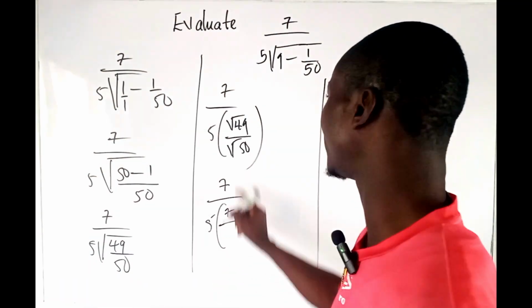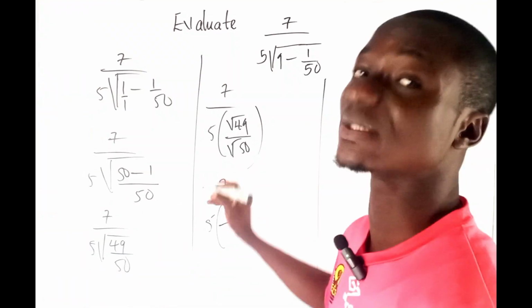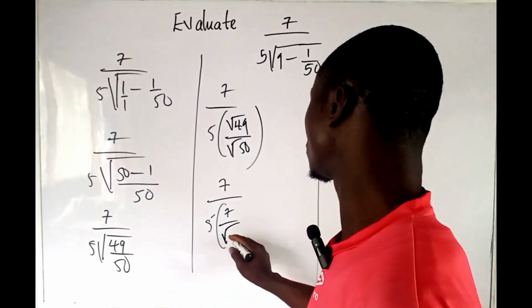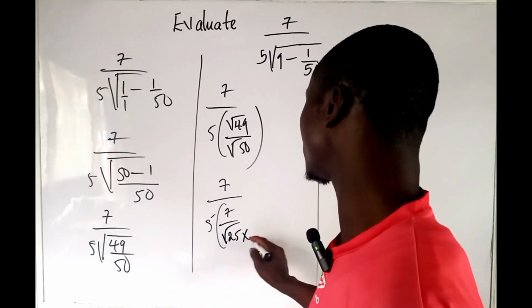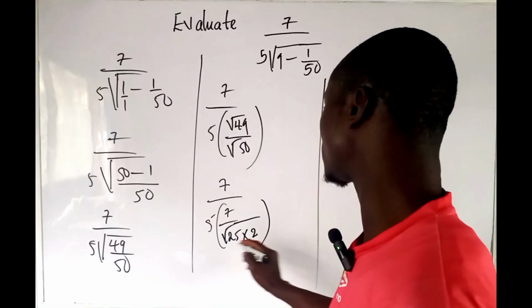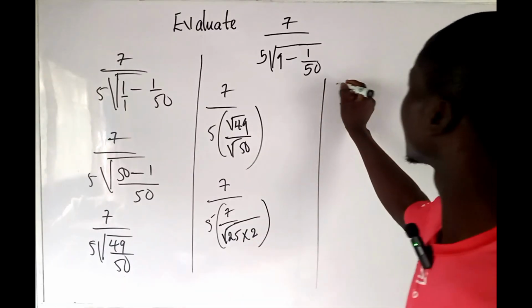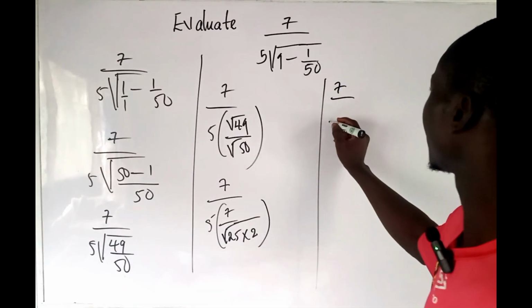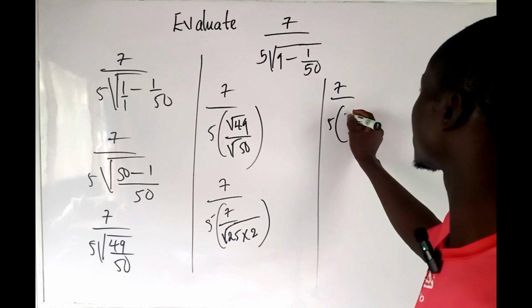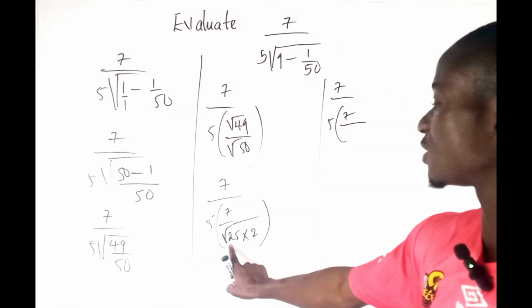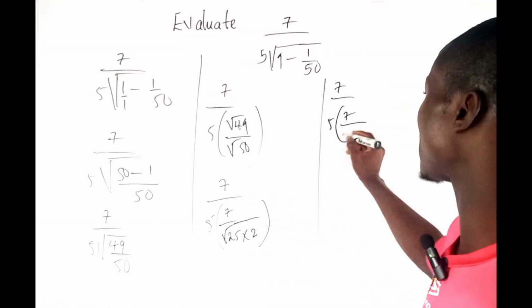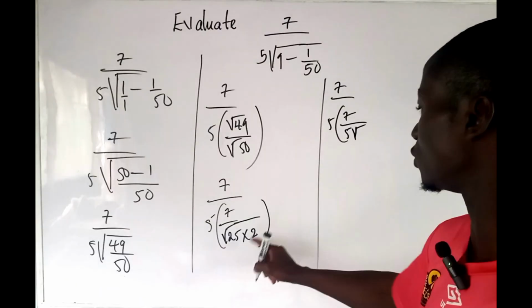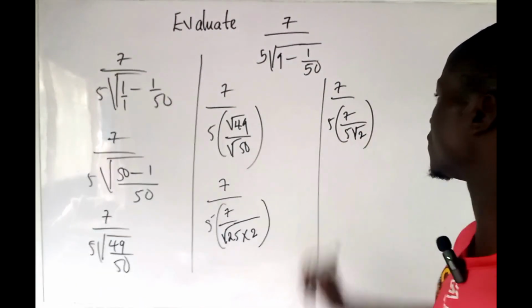Put it all over 50, which can be simplified to 25 times 2, right? Still close the bracket. Therefore we have 7 over 5 bracket 7 over. Now 25 is a perfect square, which is 5, so you have 5. 2 doesn't have one, so you lock it in the root: 5 root 2.